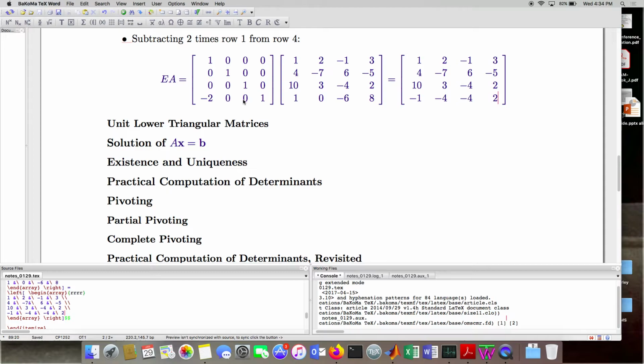In other words, we have a simple way of describing each individual row operation.